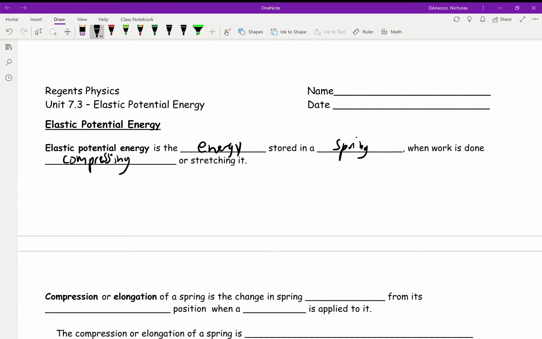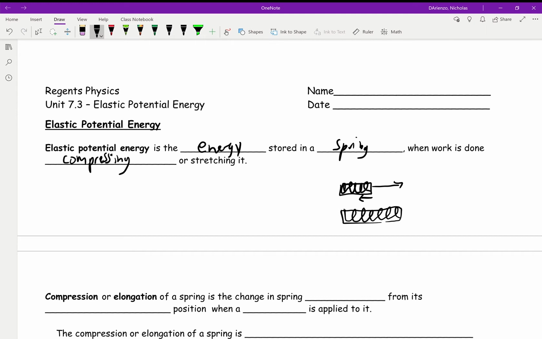If you think about it, if you have a length of spring here, it's kind of a poorly drawn spring, but you get the idea. If we were to either compress or stretch that spring to try and make it bigger, that's maybe a little bit better. We stretch that out.